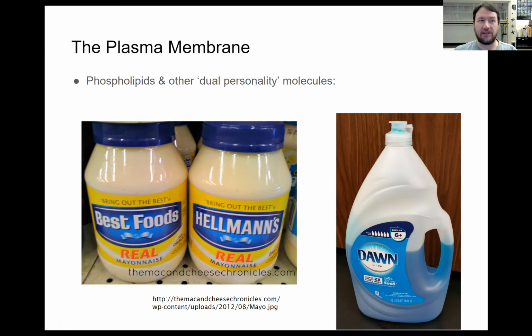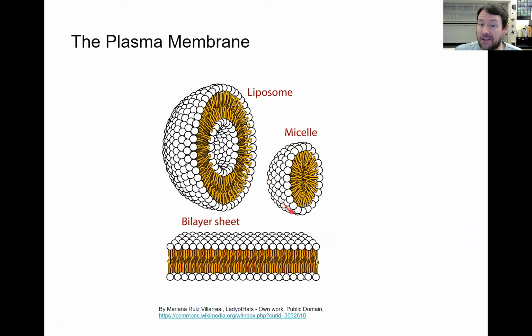so these molecules are fairly common and they have some interesting behaviors. If we just have a very small number of them, they will tend to self-assemble into these structures called micelles, which is basically a sphere with the hydrophilic heads on the outside and the hydrophobic tails on the inside. If we add a few more phospholipids, we can end up with this liposome here, which is kind of like a cell, but really, really tiny.